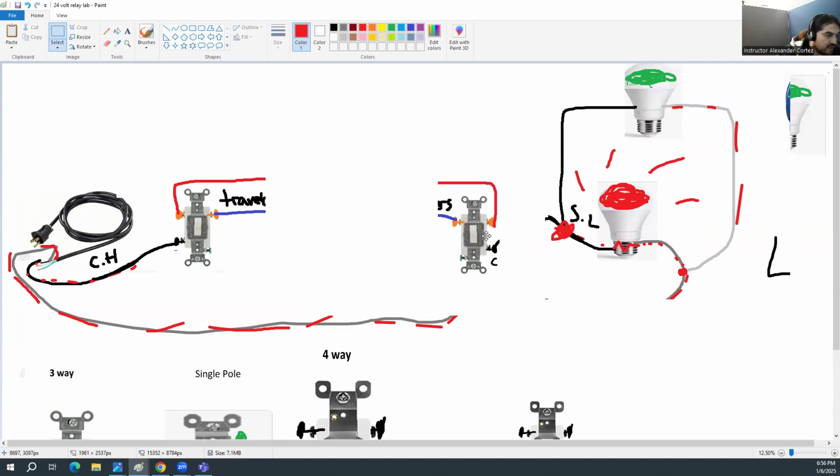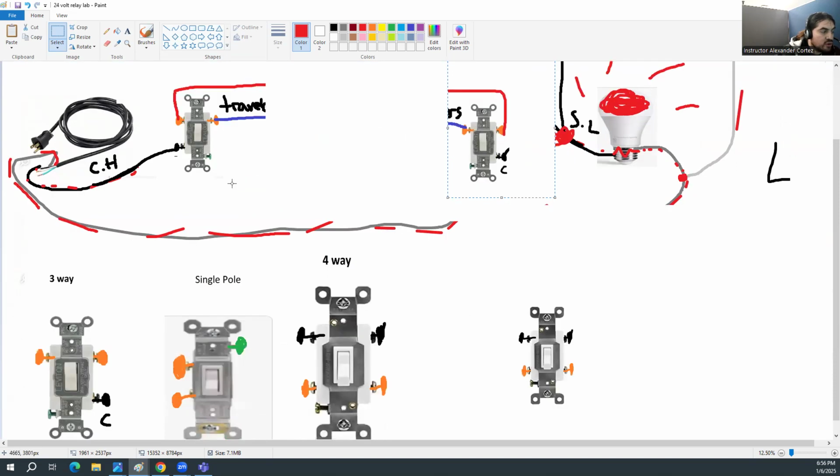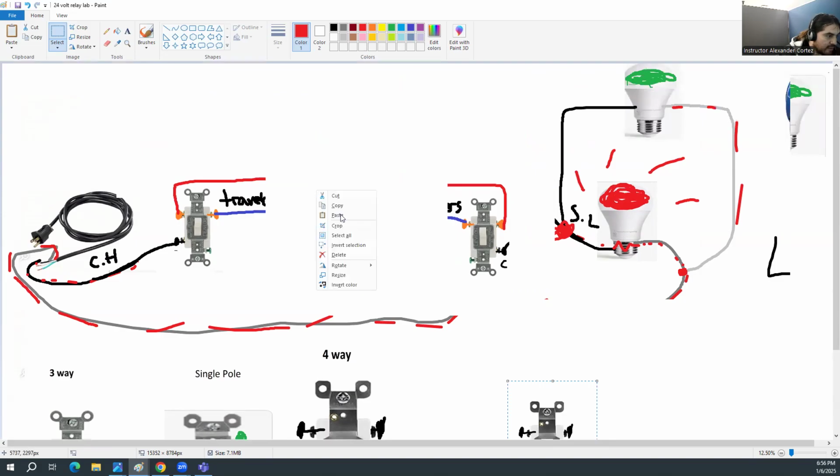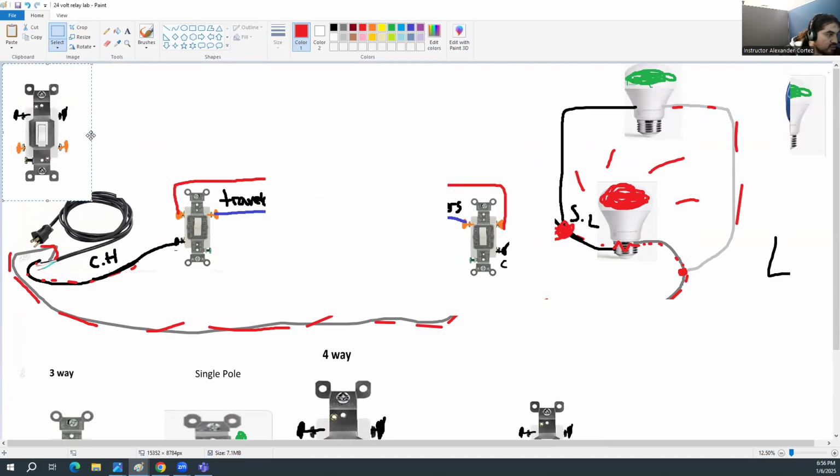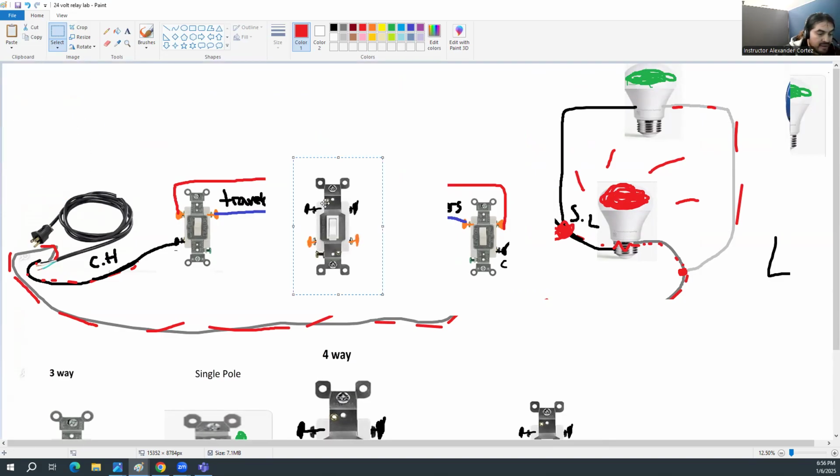So with the four ways, what we do is that we use two three ways on the beginning and on the very end, and we'll put the four way in between the two three ways right here. So I'm just going to start off with just one, and then I'll do a second one. Right here, what we're doing is that we're intercepting the traveler wires that communicate from one three-way to another.